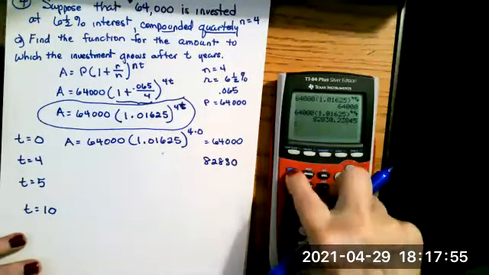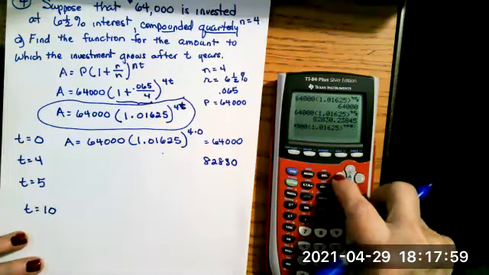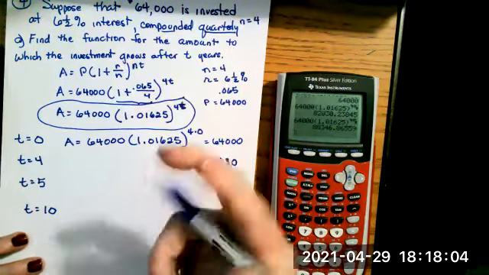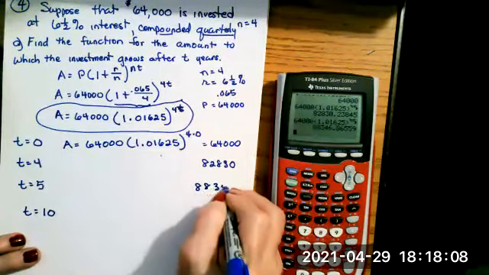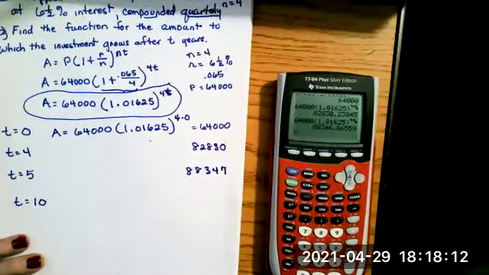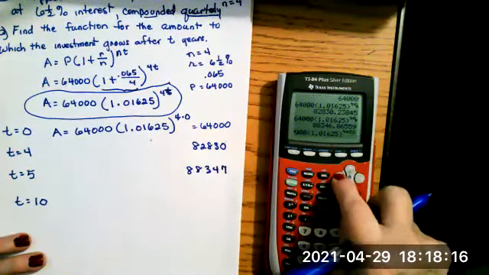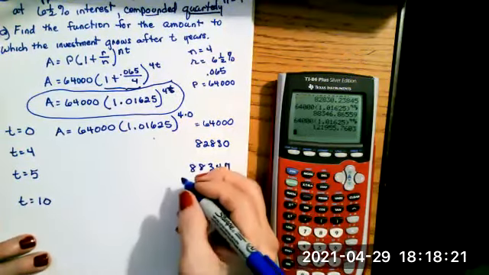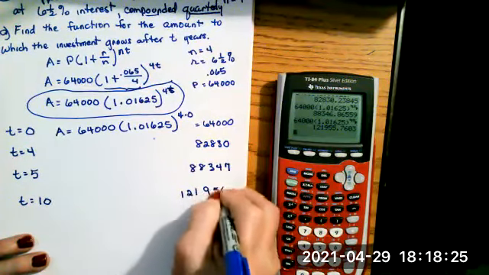Then you can do second and enter again, and it'll put it back. Go backwards and put in 5. And it will give you 88347. And then go second and enter again, and then go backwards and put in the 10. And it will give you the answer for the 10, 121956.